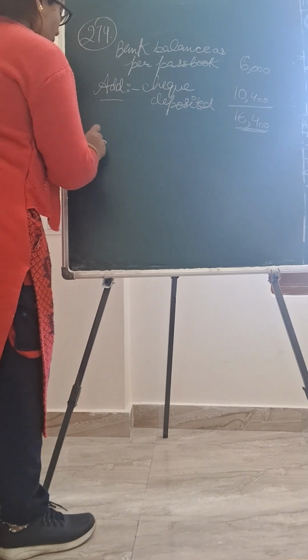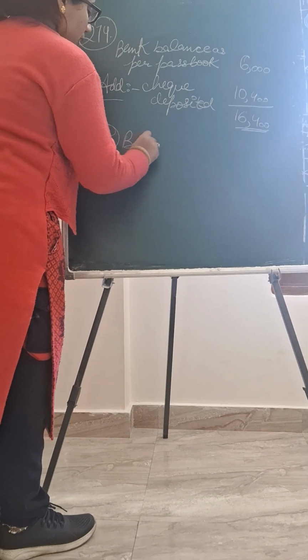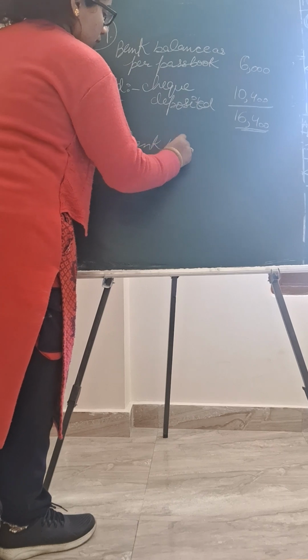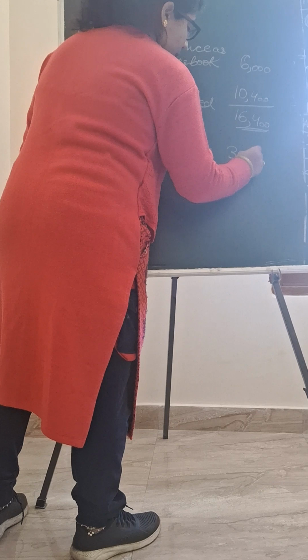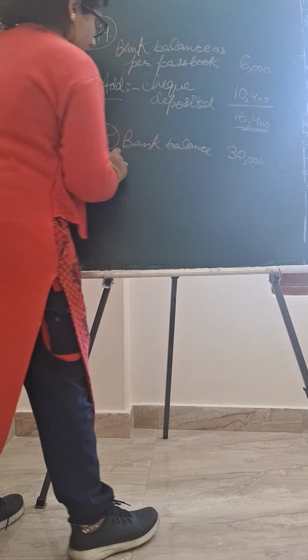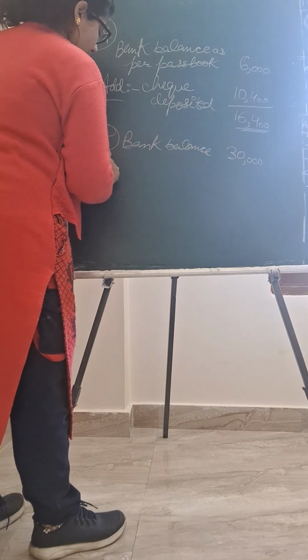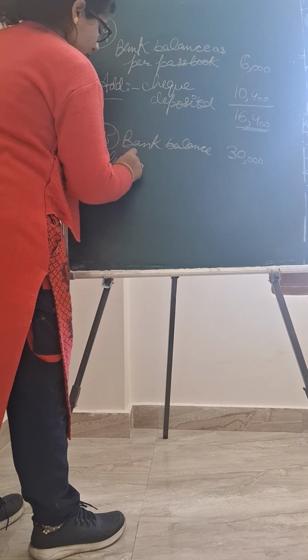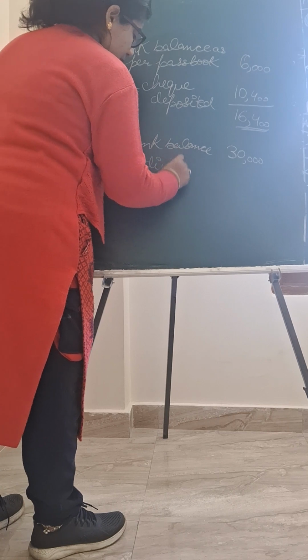So this is very easy. These are all BRS questions we are doing. So bank balance is given, bank balance is 30,000, less. So what we will do? Less dividend payment.